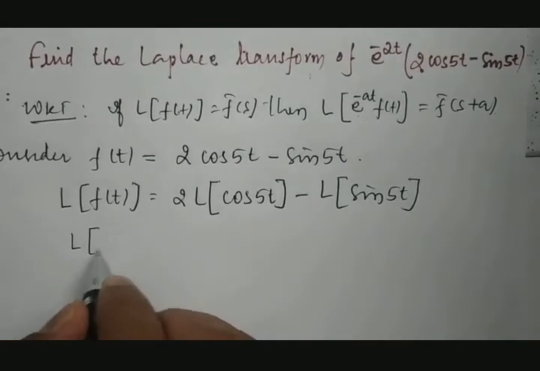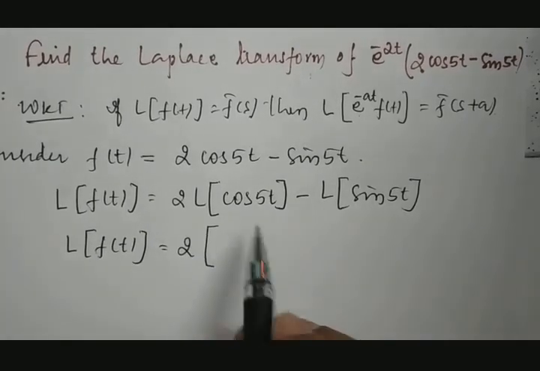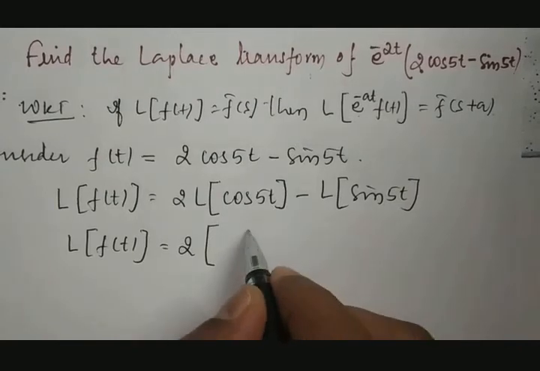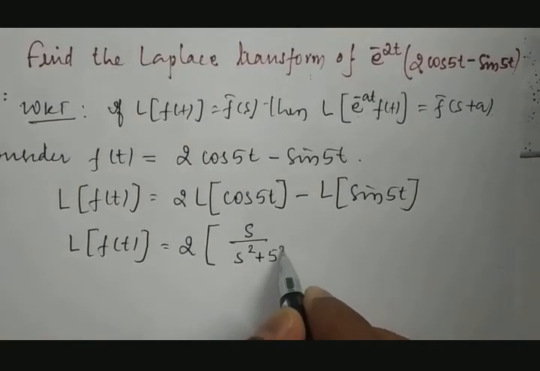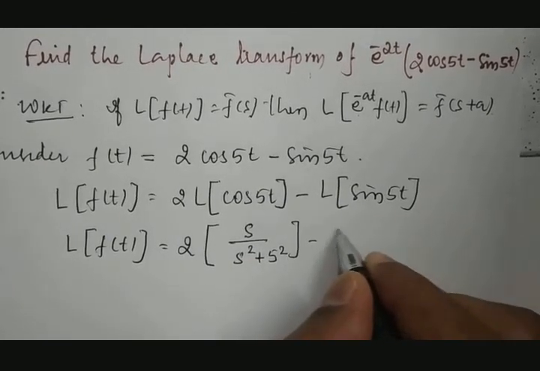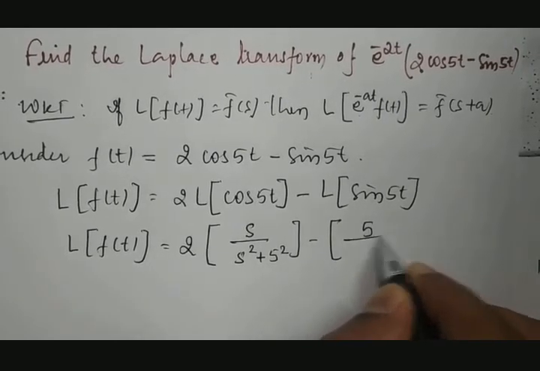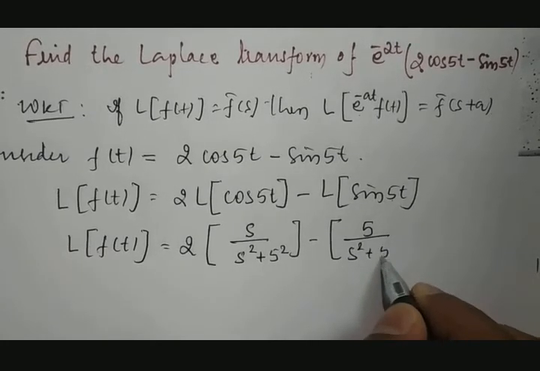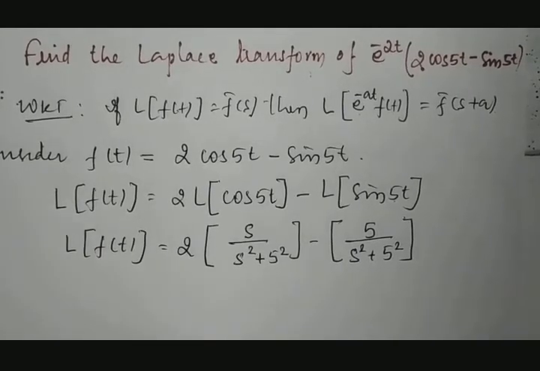Therefore L of f of t is equal to 2 times, what is the Laplace transformation of cos 5t? Already it is discussed. That is nothing but s divided by s square plus 5 square, minus, what is the Laplace transformation of sin 5t? That is a divided by s square plus a square, means 5 divided by s square plus 5 square.